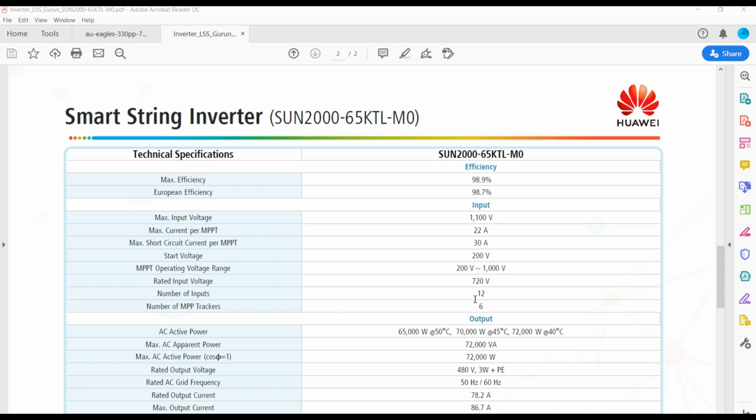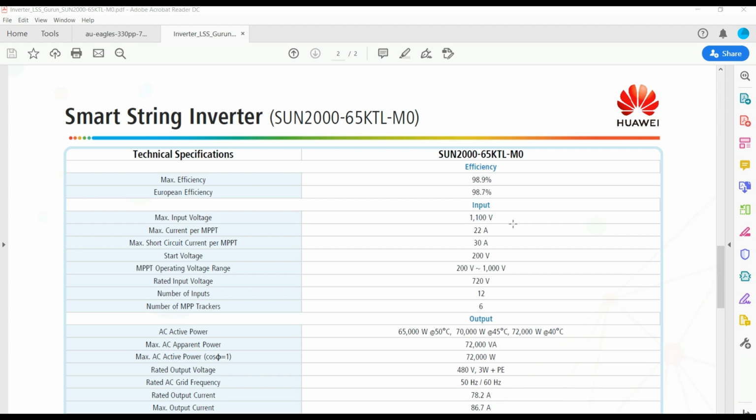Number of inputs is 12. So you have 6 MPPT because the number of inputs is 12. So you have positive and negative terminals. This positive and negative terminal, you have 6 units, okay, because of 6 MPPT. So your maximum input voltage is 1100 volt.